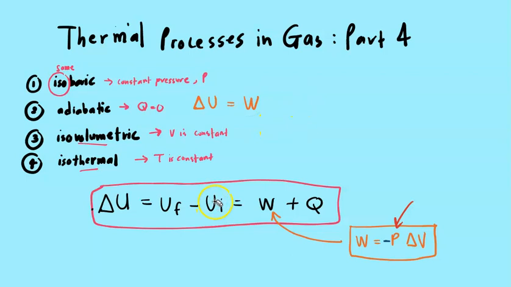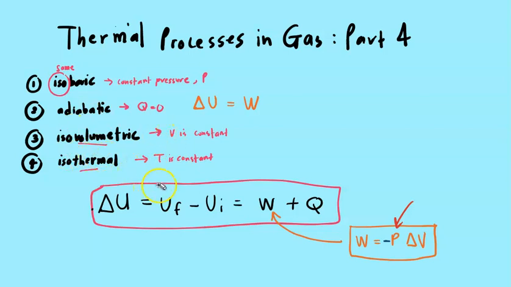So delta U is equal to work done. And for isovolumetric, you know that the volume is constant, so the V becomes constant. And then for isothermal, the T is constant. Now where is the T located? I don't see it in this equation. Do you see it?